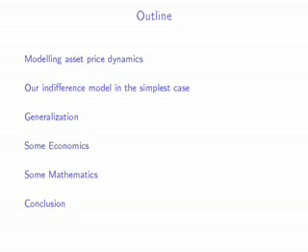I will describe a model in a very, very simple setup, just to illustrate how things should work. And then I do what mathematicians always do: I generalize this beyond reason, which will involve some economics and some mathematics. And a conclusion will also be offered.